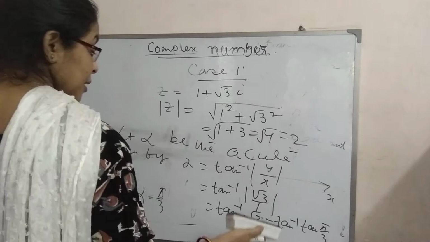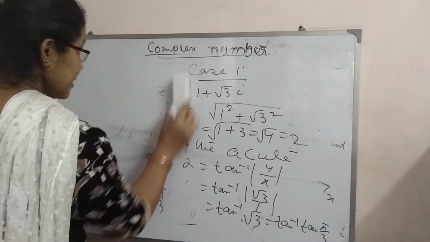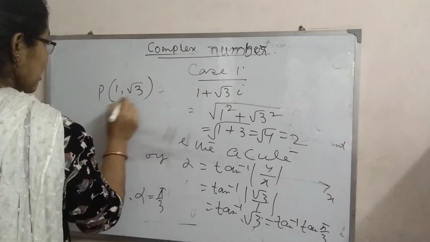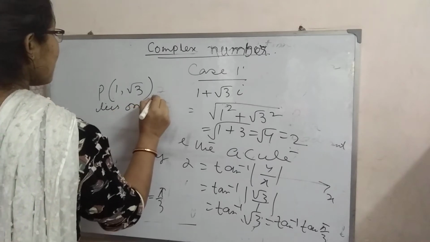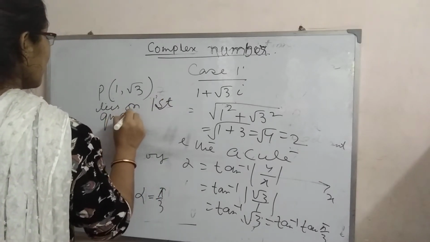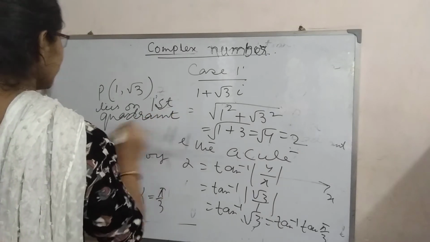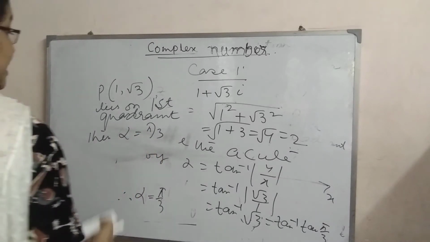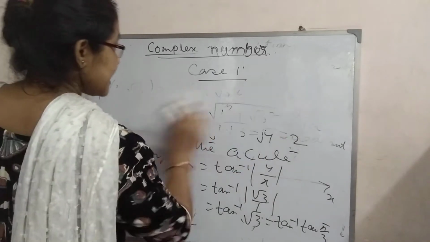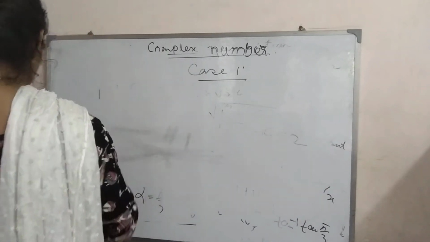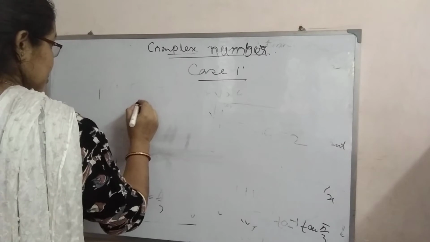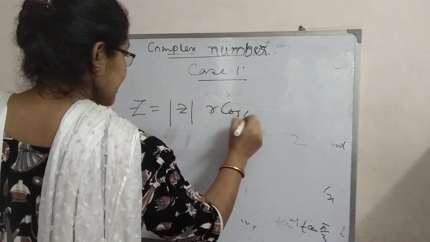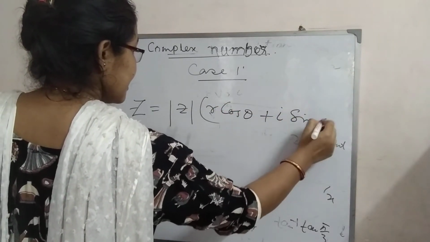Since the point P, that is 1 and root 3, both positive, lies in the first quadrant, alpha equal to pi by 3. The modulus amplitude form of z equal to modulus z times cos theta plus i sin theta.